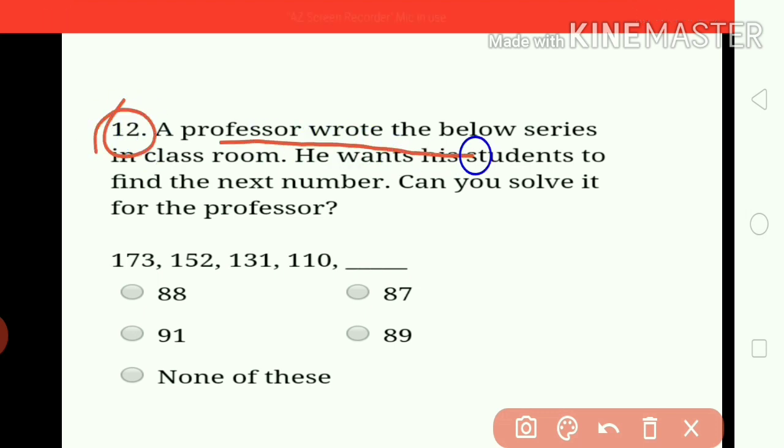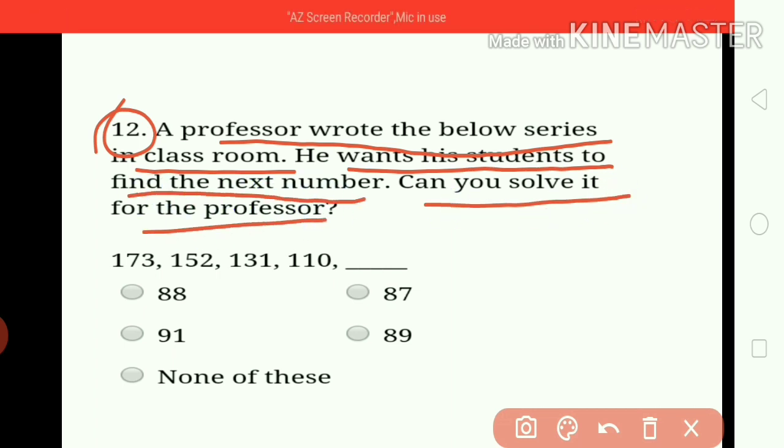Question 12. The professor wrote the below series in the classroom. He wants his students to find the next number. Can you solve it for the professor? Okay, in this also we have to find the difference of these two numbers. So the difference is 3 minus 2 is 1, 7 minus 5 is 2, 21.